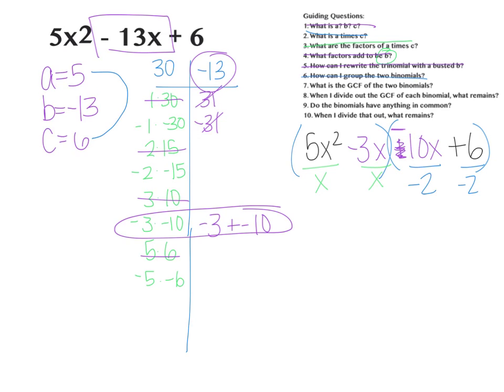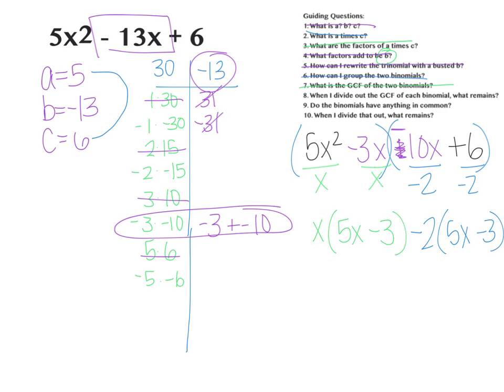All right, so when I divide out the GCF, what remains? So this first one, I took out an x. So 5x squared divided by x is just 5x. Minus 3x divided by x is -3. Okay, and then I take out a -2 from this. So -10x divided by -2 is 5x. And 6 divided by -2 is -3.